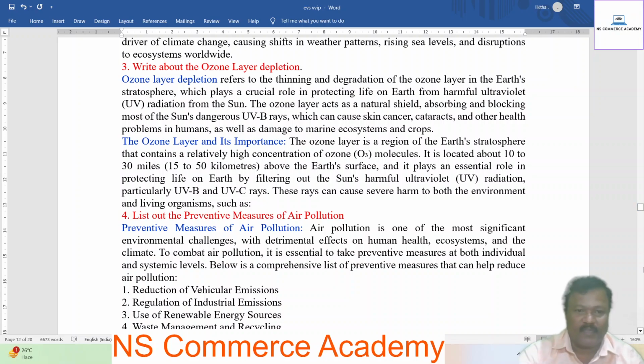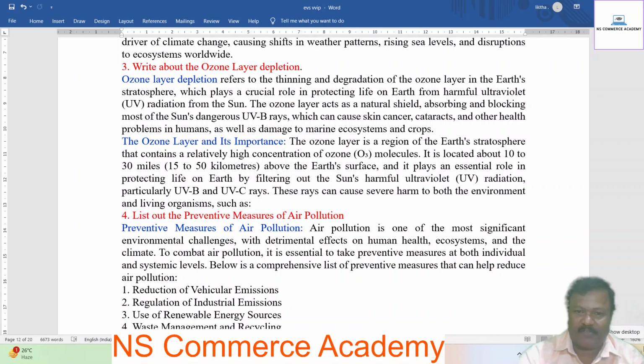Okay, next, fourth question. List out the preventive measures of air pollution. Air pollution is one of the most significant environmental challenges with a detrimental effect on human health, ecosystems, and the climate. To combat air pollution, it is essential to take preventive measures at both individual and systemic levels.